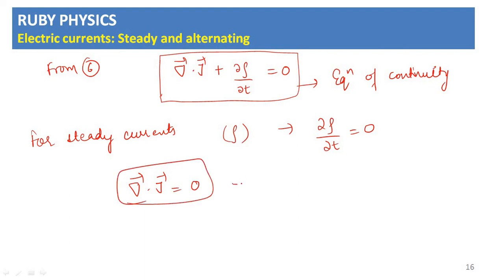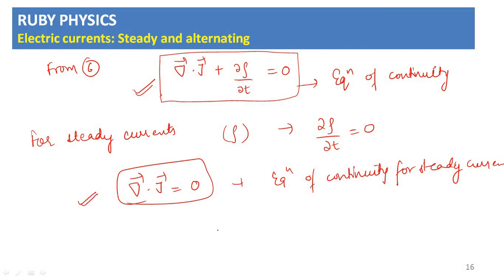This is the equation of continuity for steady current. Therefore we have del dot J equal to 0. Thus for steady current, the current density J is solenoidal.